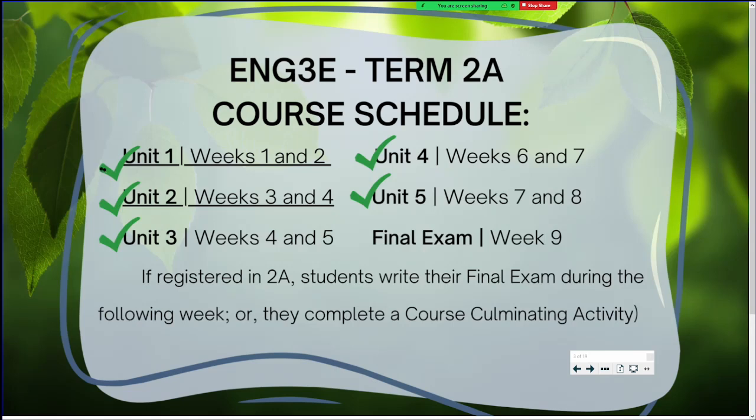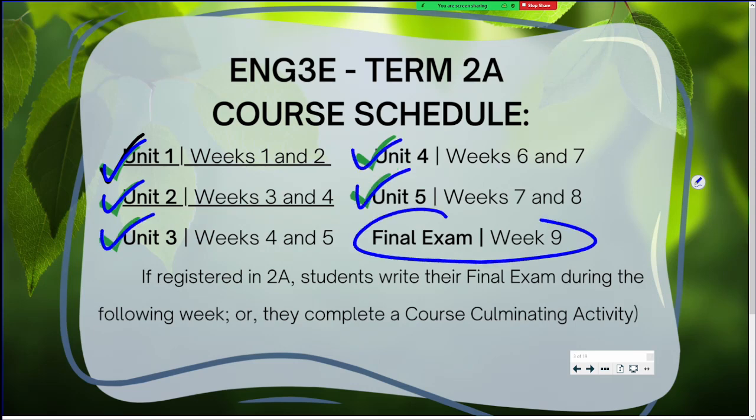If you go back and look at my previous classes, which are all available on YouTube, we covered units 1, 2, 3, 4, and 5. And then in week 9, we've spent 3 classes preparing students for the final exam.